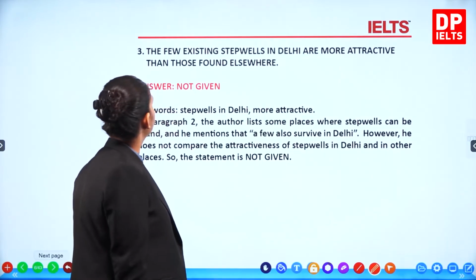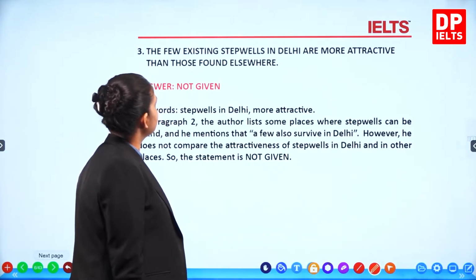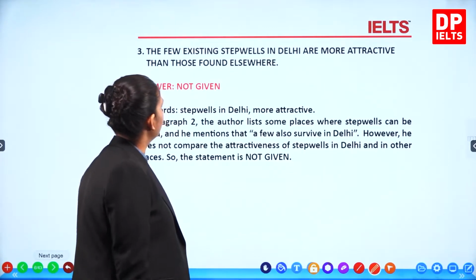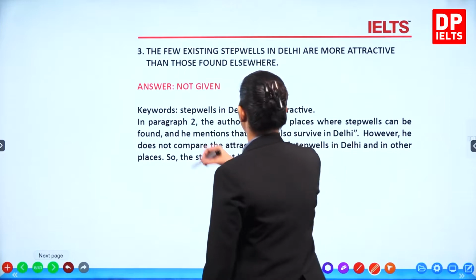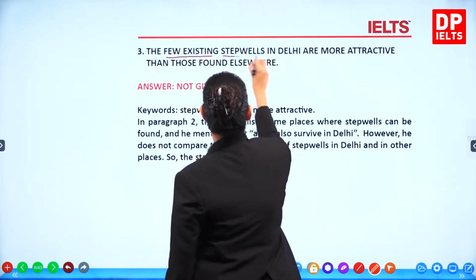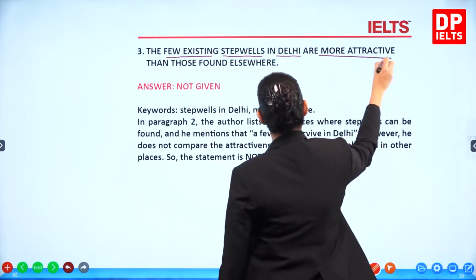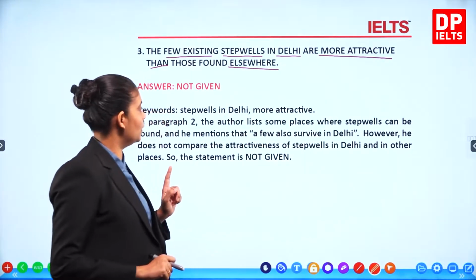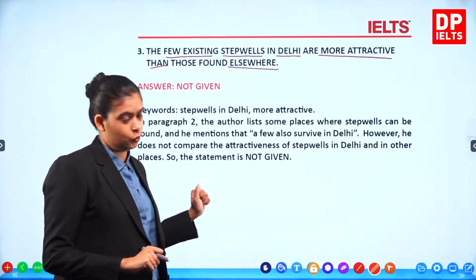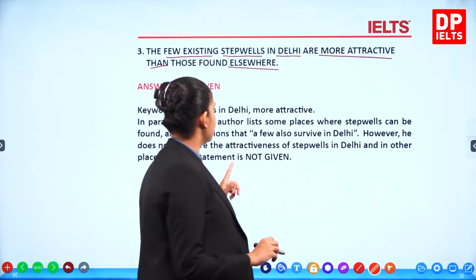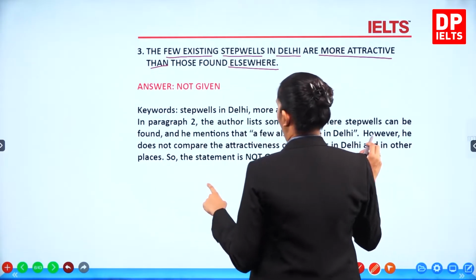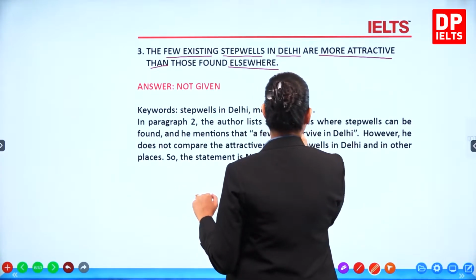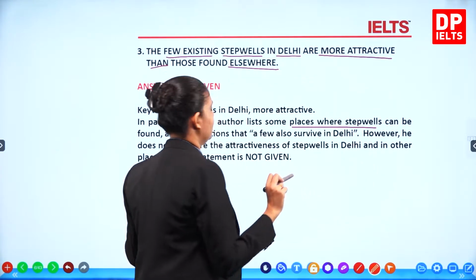Third one, the few existing step wells in Delhi are more attractive than those found elsewhere. So, let's have a look at para 2. It says some places where the step wells can be found were mentioned.